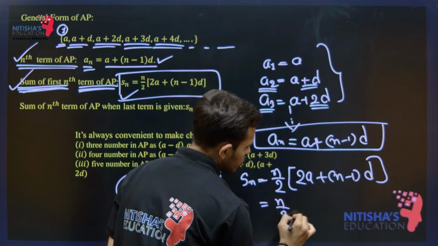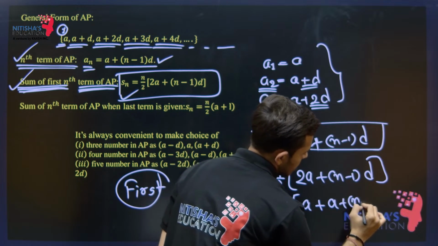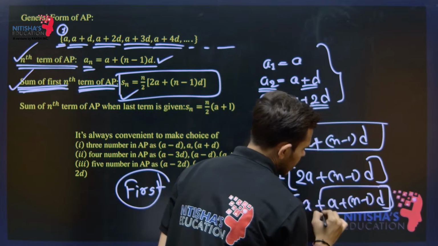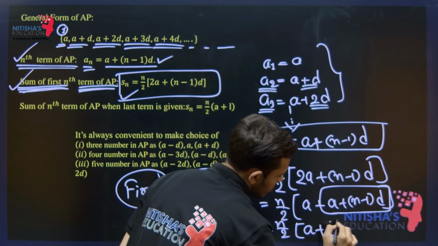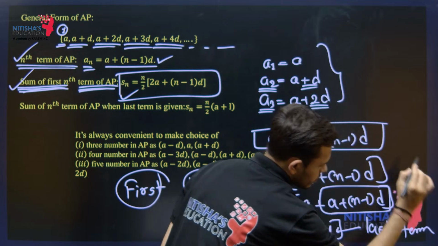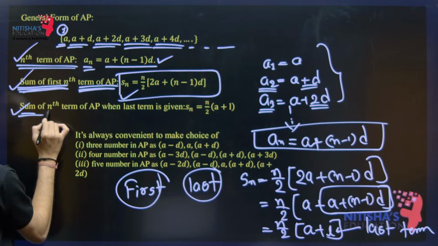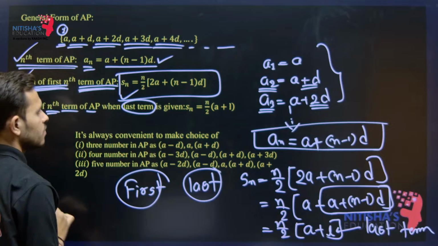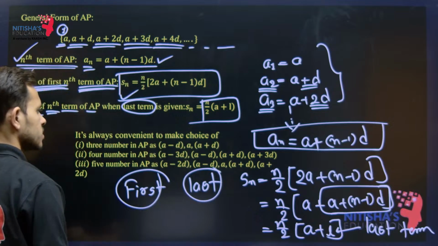Now, we can write a plus n minus 1 into d as our last term, so we can write it as n upon 2 in bracket a plus l, where l is our last term, right? So here you are able to see that the sum of n terms of AP, when the last term is given, is n upon 2 into a plus l.